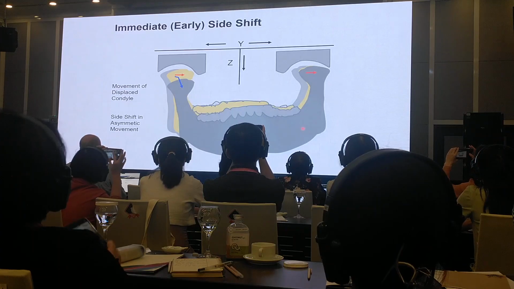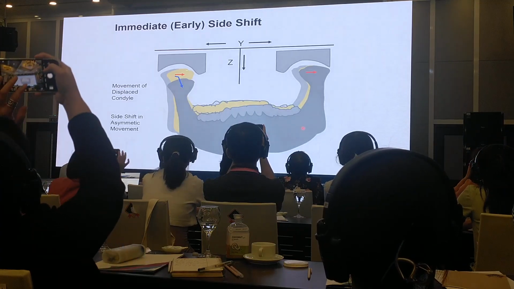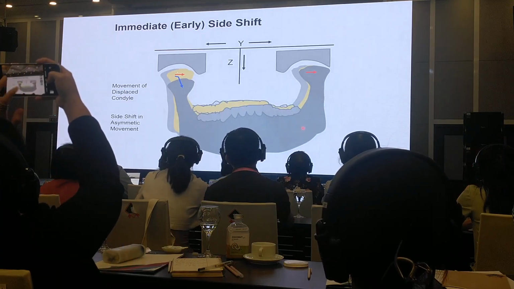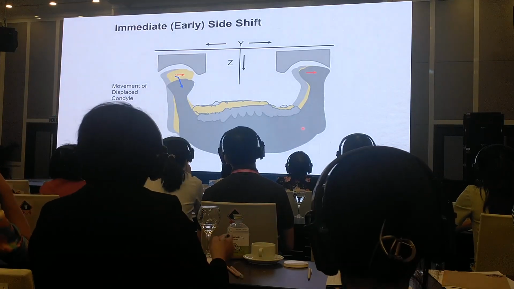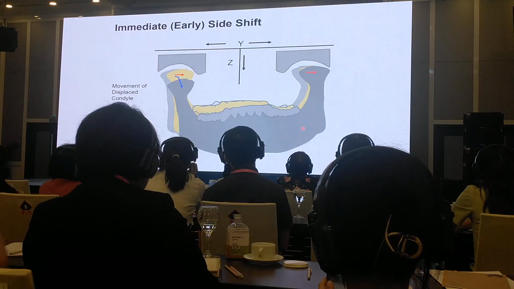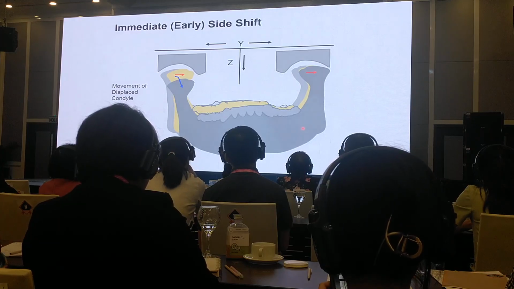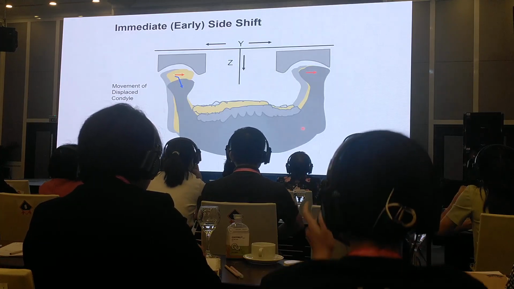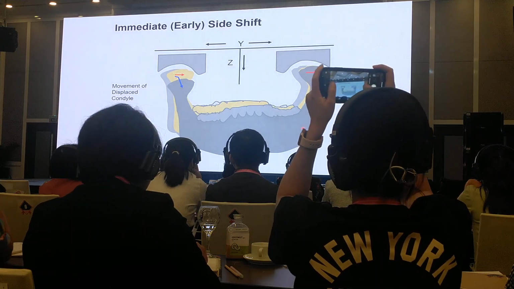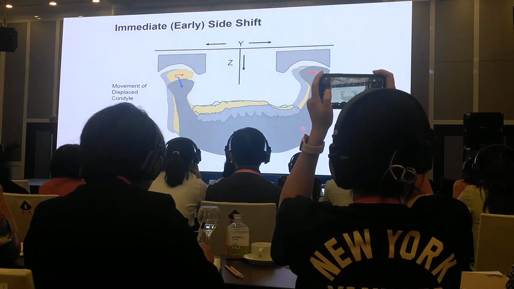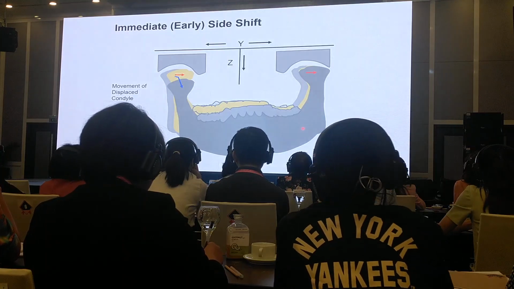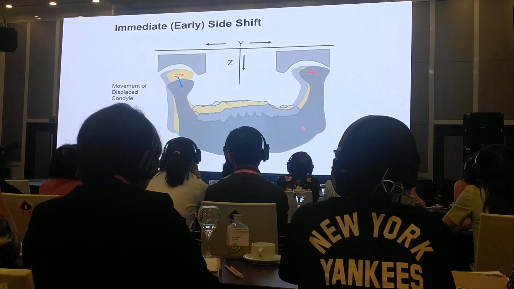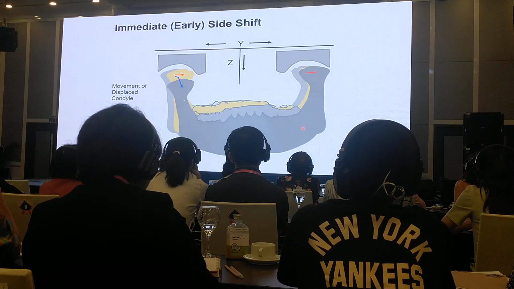If the original condyle position is here, but this condyle has shifted a little bit to the right side, then now this is a pathological position. The movement starts from the pathological position, with this kind of shift in the very early part. Then normal movement starts.